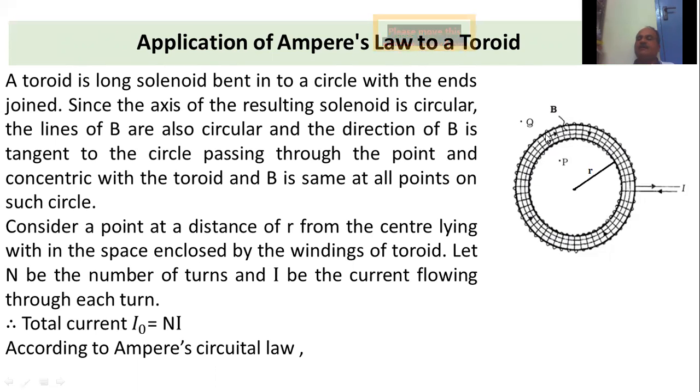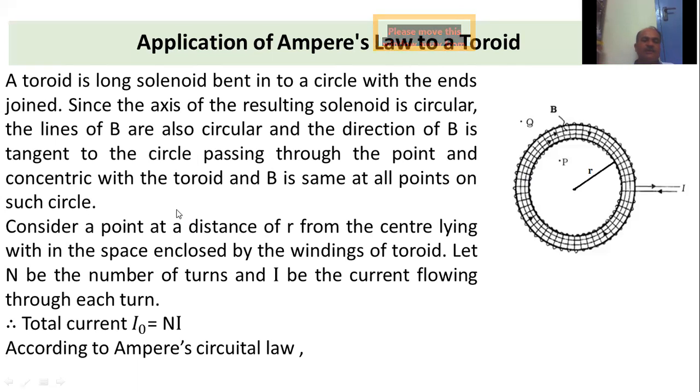Just like when a current carrying circular path is there, the magnetic field produced by the circular path is obtained by drawing a tangent at every point. So the case turns out like that.